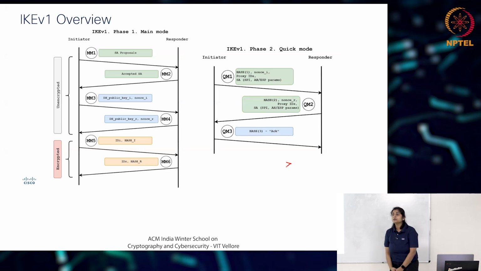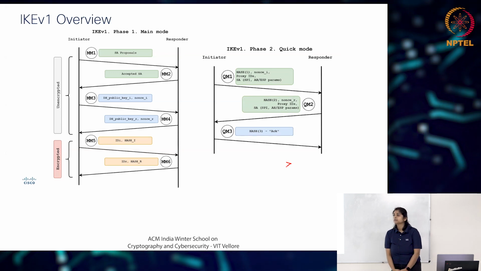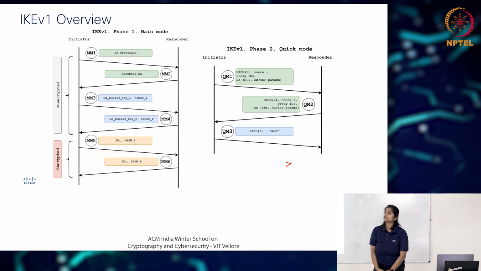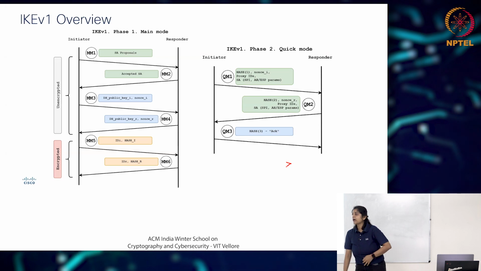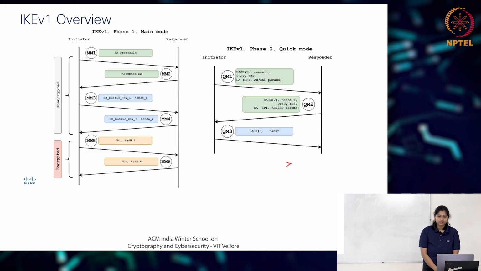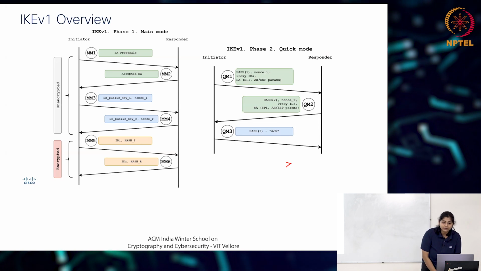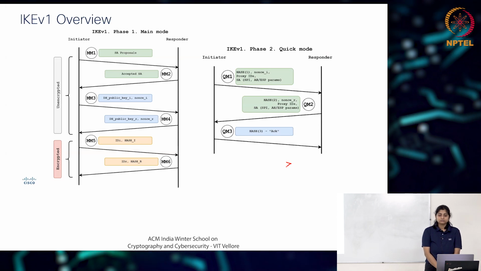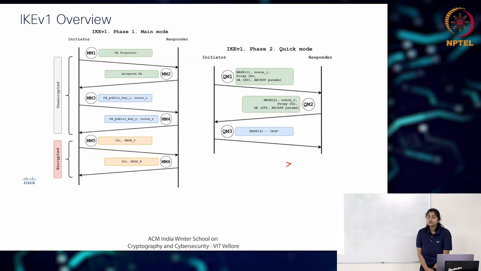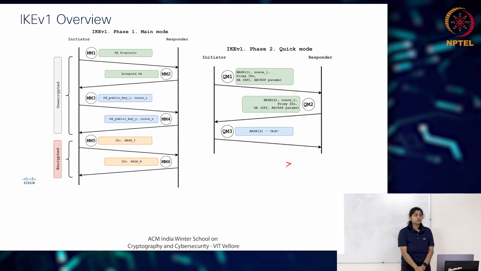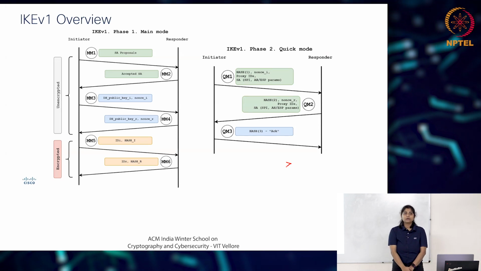If it is not there, that will be RSA, the most popular signature for certificates. So if it's a certificate-based identity exchange, it will say RSA. And then there is a hashing algorithm and there is group description. Group description is equivalent to the DH group, the Diffie-Hellman group, which is used for key exchange. Okay.